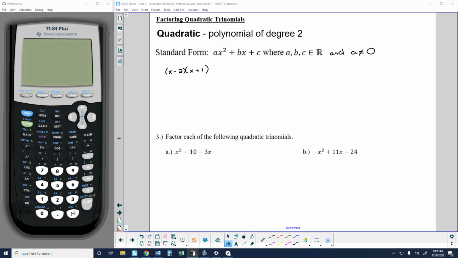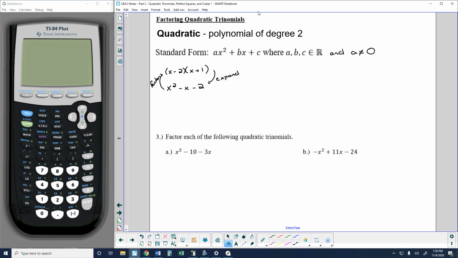If we multiply those out, you would end up getting x squared minus x minus 2. Expansion through multiplication is when we go this direction. We distribute to get to that quadratic trinomial. To get back, this is what we call factoring, and this is what we're focusing on right now. So we want to be able to factor these.